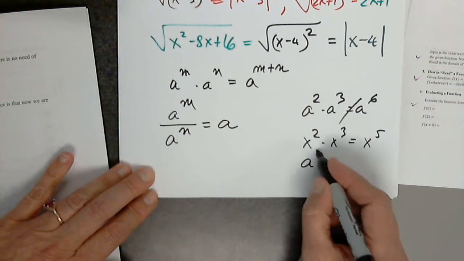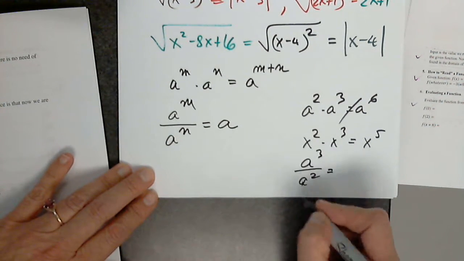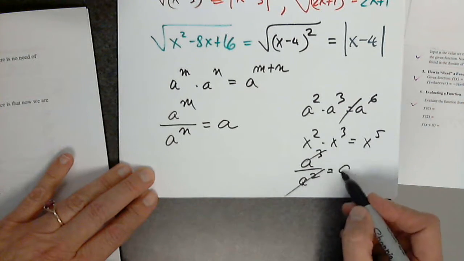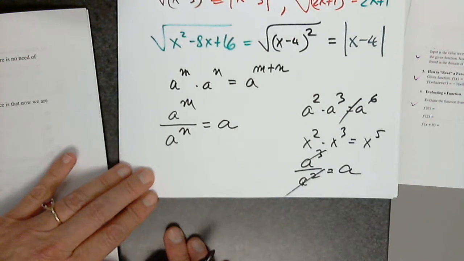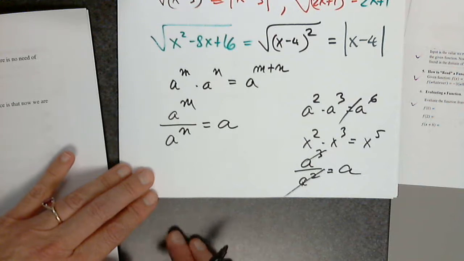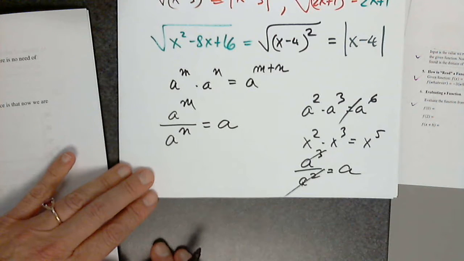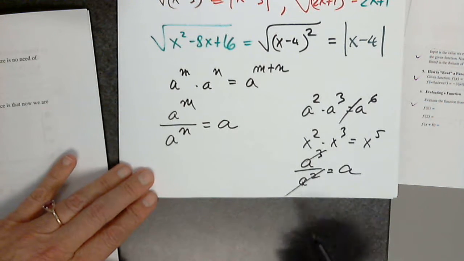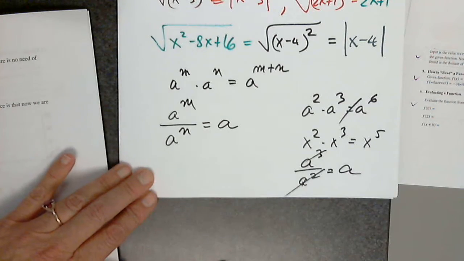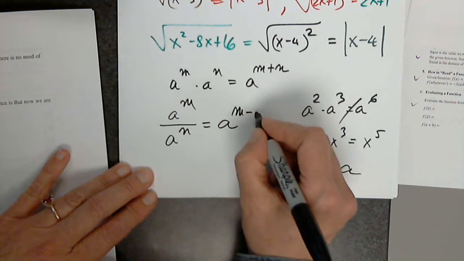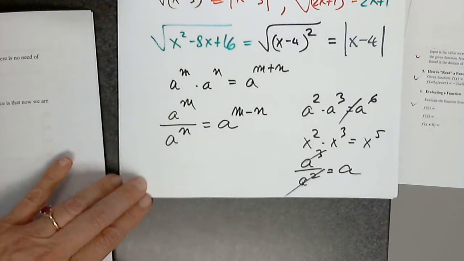Okay, so I have a to the third over a squared. I take 2 away and I take 2 away and I am left with a. So copy the base and what happens to the exponents? What did I do to 3 and 2 to get 1? Correct. m minus n. Very good.